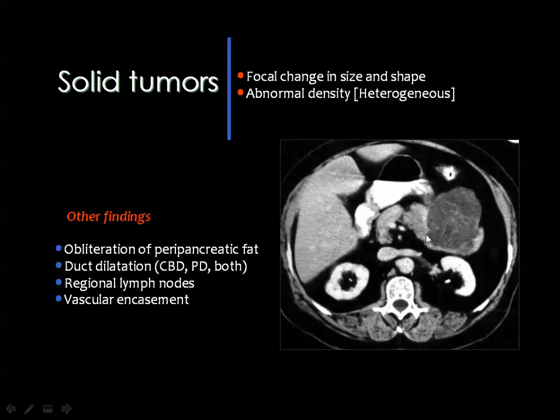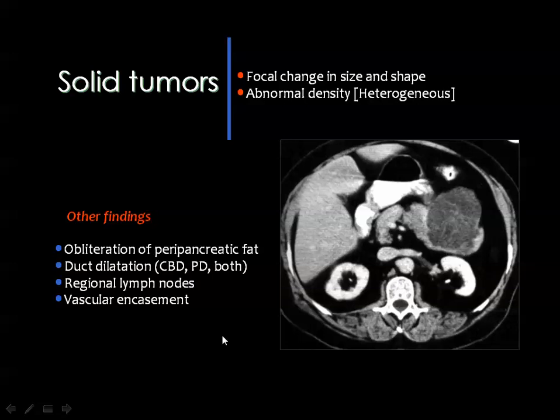And if you look here in this example, you see that there is a mass arising from the tail of the pancreas, then there is abnormal contour deformity and abnormal enhancement compared to the normal enhancement of the pancreas. Other findings may support the diagnosis, like obliteration of the peripancreatic fat, which is more commonly seen in inflammatory conditions, and also dilatation of the common bile duct, especially if the tumor is in the head, obstructing the region of the ampulla of Vater.